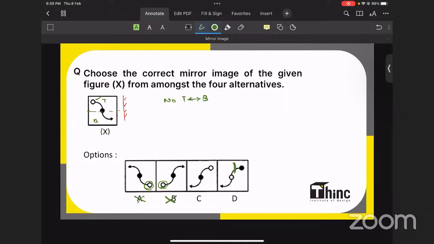And I'm not aware of this particular one. This is distortion actually, so we can't accept distortions. Distortion and top to bottom changes are taking me to the answer very easily. Through elimination of the options, we will find answers very easily.